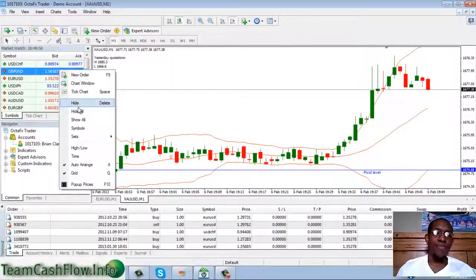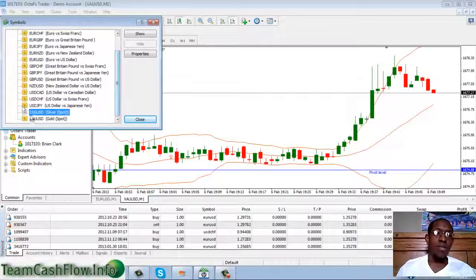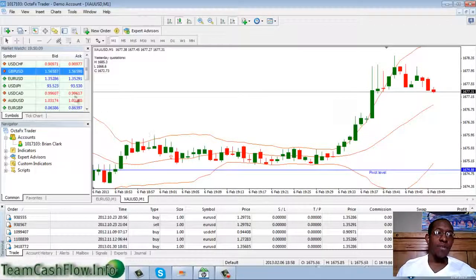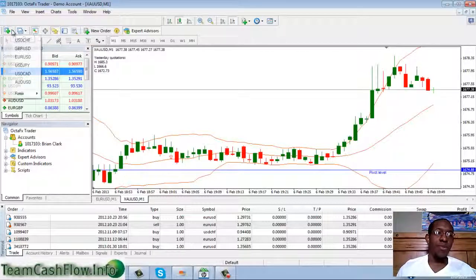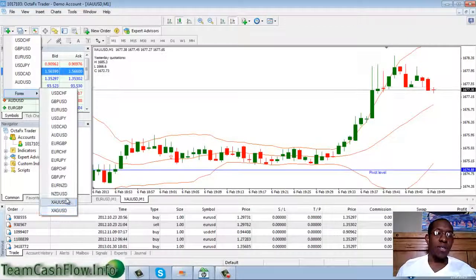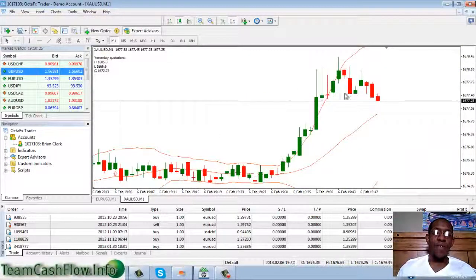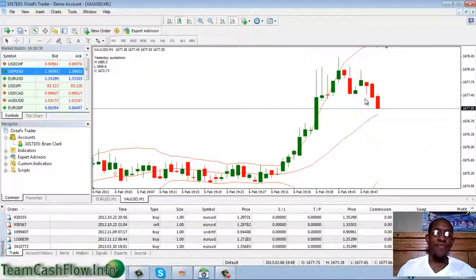You just right click on symbols, then go down to gold. If it's blank, you click on show, then go to close, and then when you click on new chart, Forex, you'll see gold right here. It's XAUUSD, and silver is XAGUSD. So that's how you find gold charts.